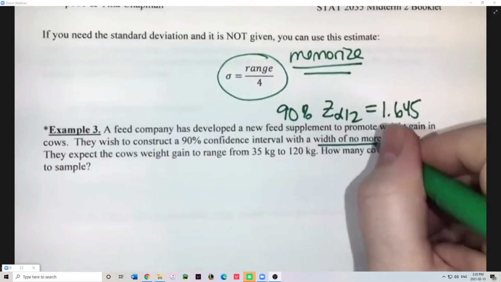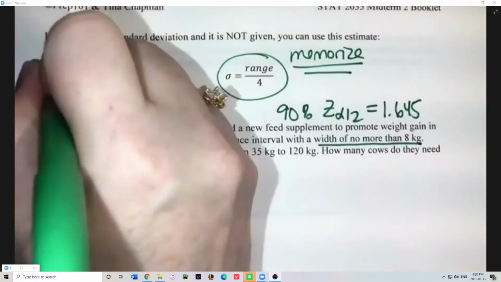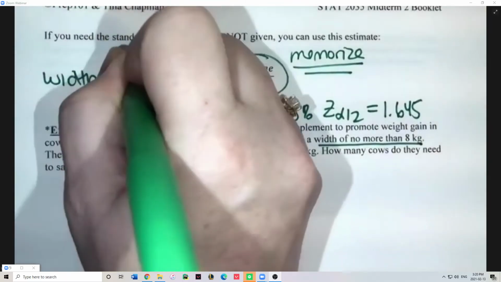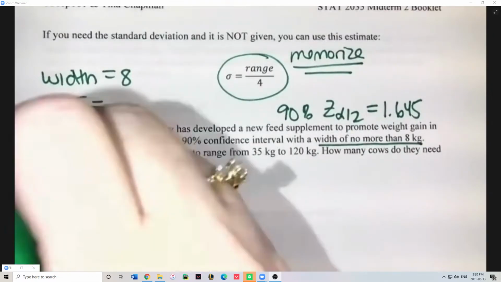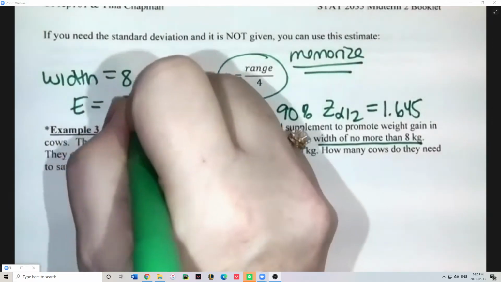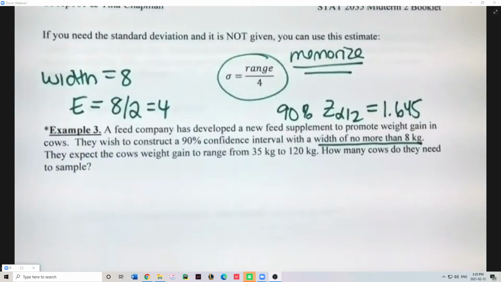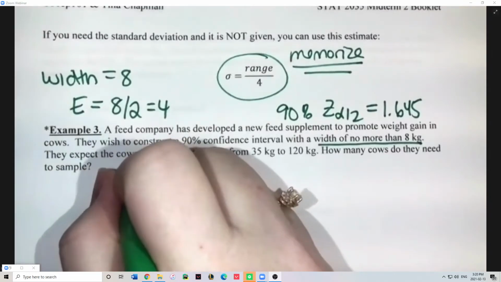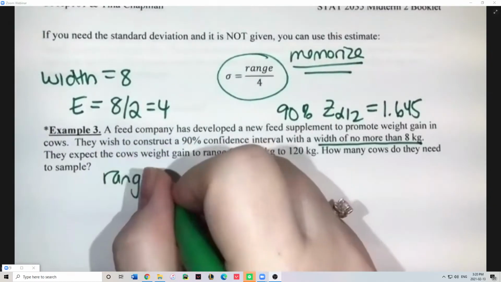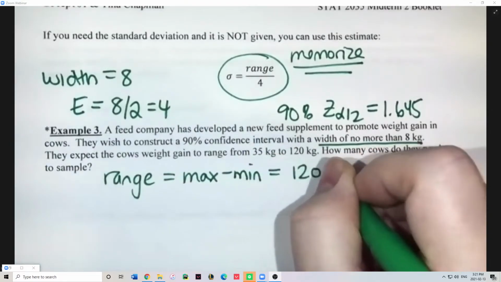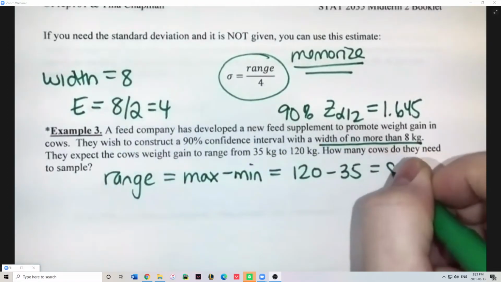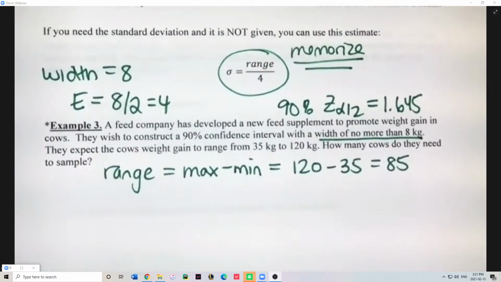Then it says a width of no more than 8. So what's our E here? So our margin of error is width divided by 2, which would be 4. And then it says the range goes from 35 to 120. So we do max minus min to calculate the range. So that would be 85.